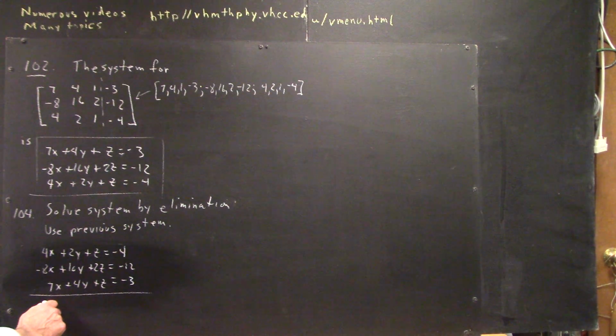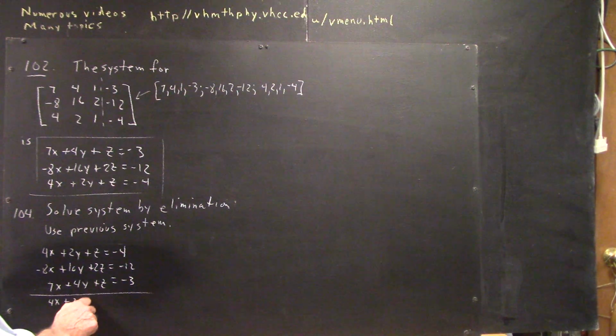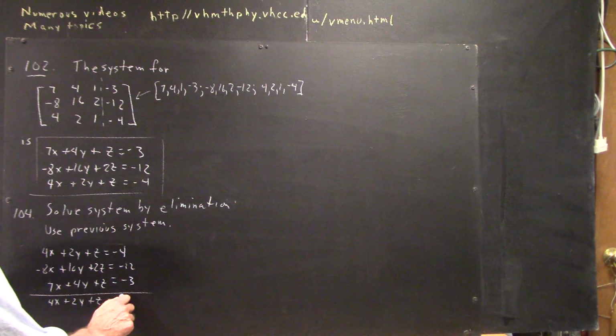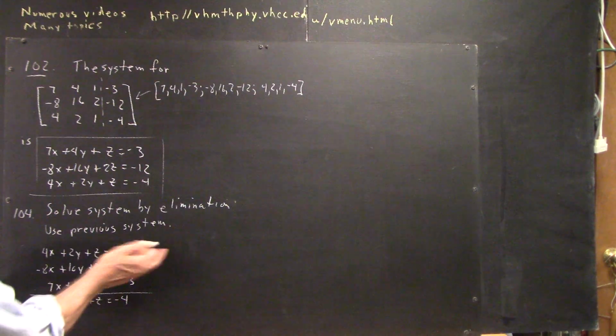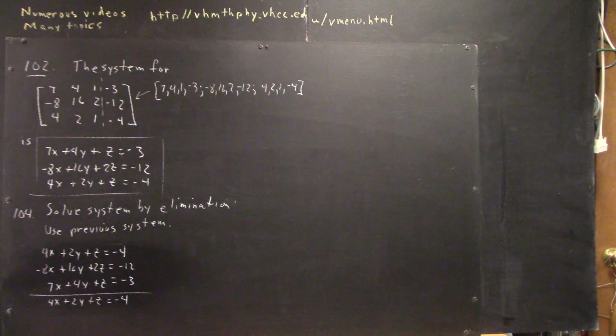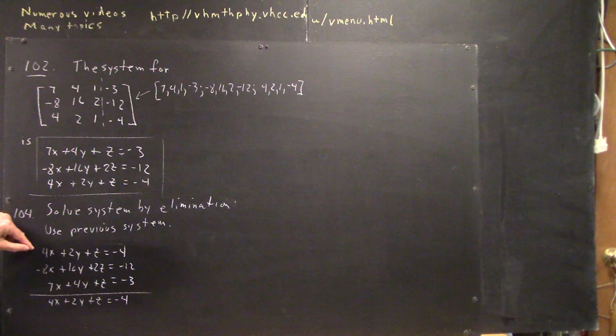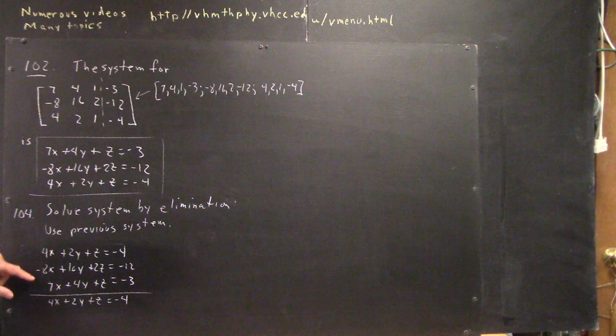So I'm going to do 4x plus 2y plus z equals -4. I'm not changing the first row. I'm going to add double the first row to the second because I've got a negative here.